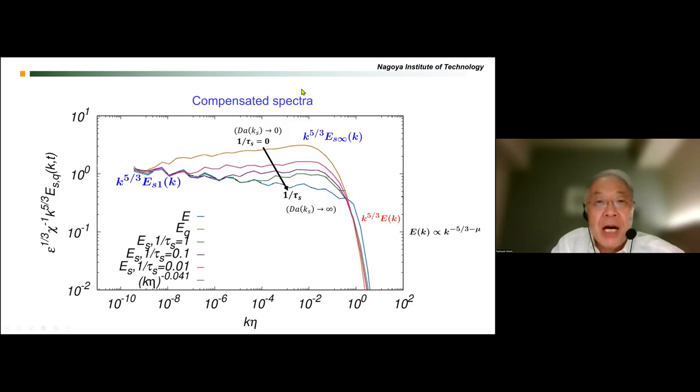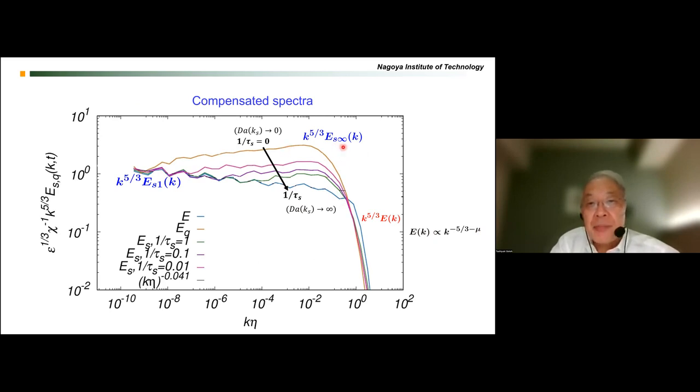Then we have this plot. In this plot, all the kinetic energy spectra and scalar spectra are multiplied by k to the 5 thirds. But in the case of the kinetic energy, there is some intermittency correction. Therefore, the compensated spectra follow this way, with a slightly negative slope.